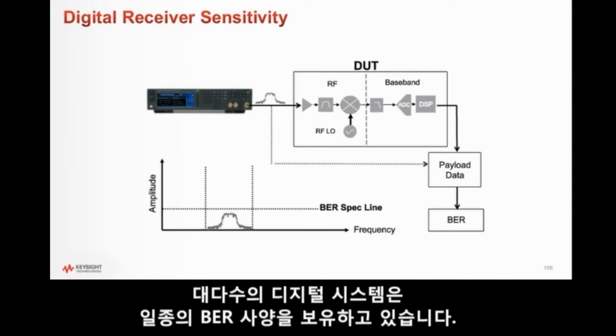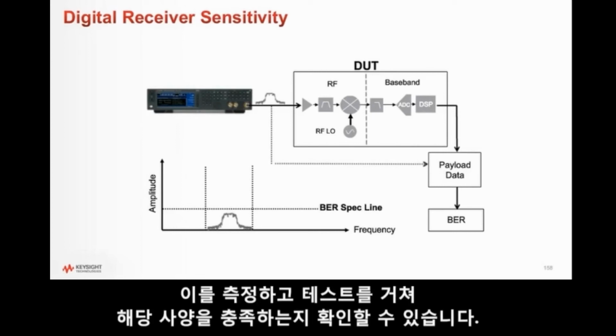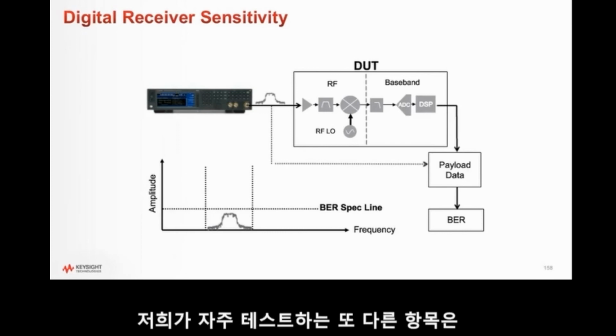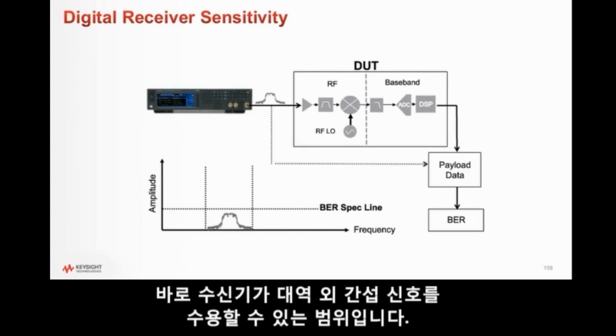Most digital systems are going to have some sort of bit error rate spec, and we can measure this and test to see if you're meeting that spec. How many errors are tolerable? Another thing that we test a lot, how tolerable is your receiver to an out-of-band interference signal?